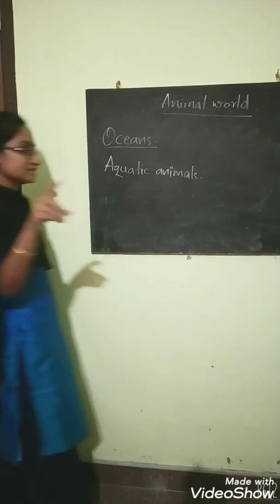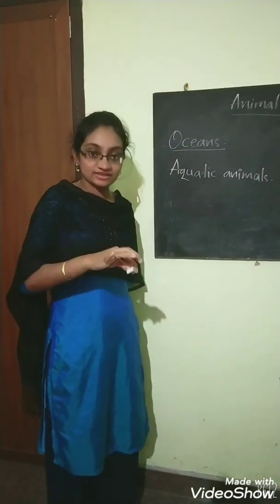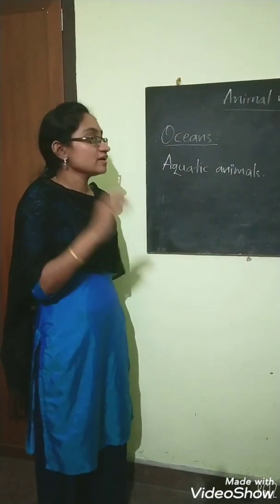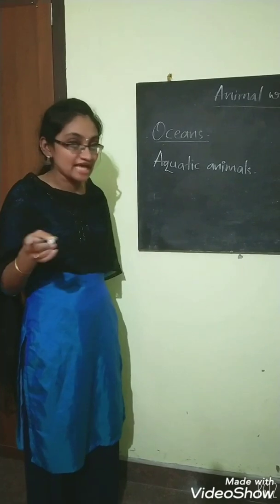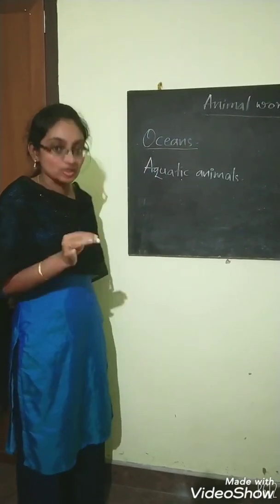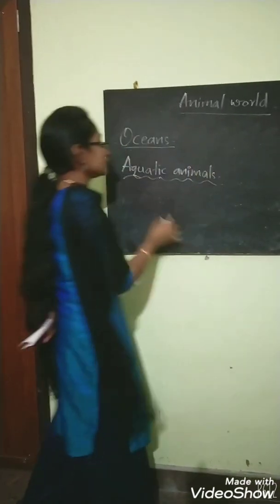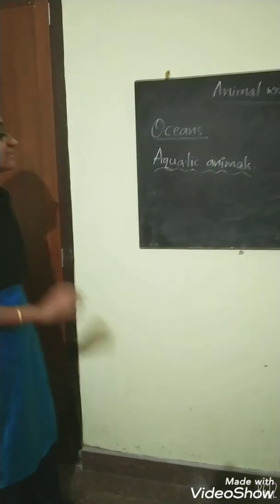In the last year, you learned about aquatic plants. The plants which live in water are called aquatic plants, and the animals which live in water are called aquatic animals. Please remember this term, aquatic animals.